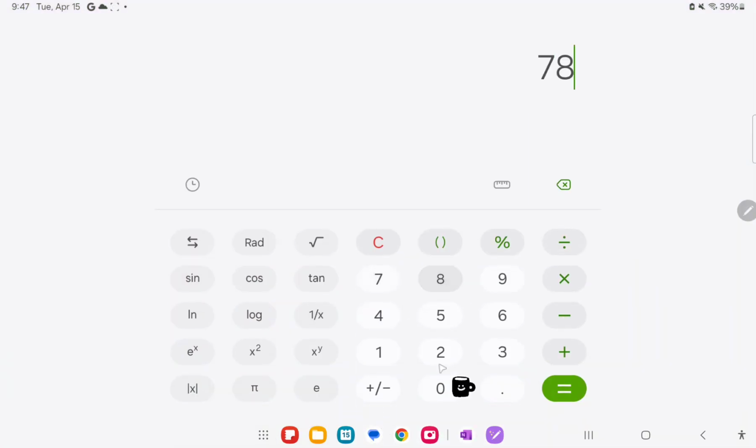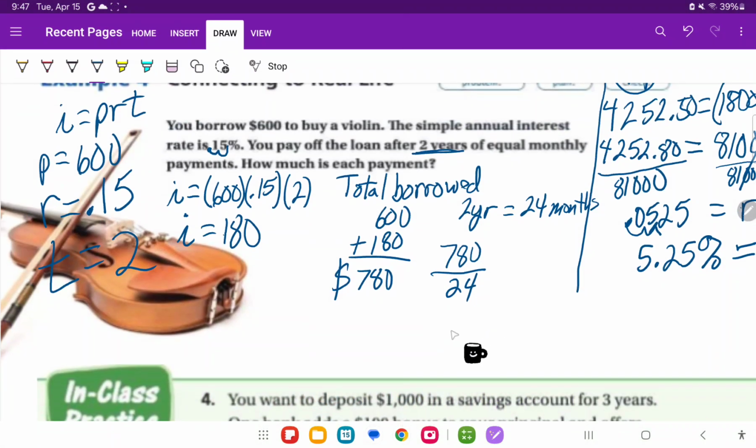That is 32.5. So that is $32.50 per month until the whole thing gets paid off. Okay, great work.